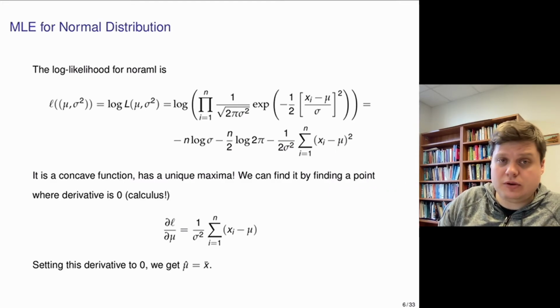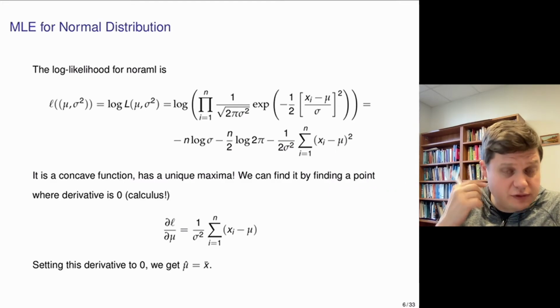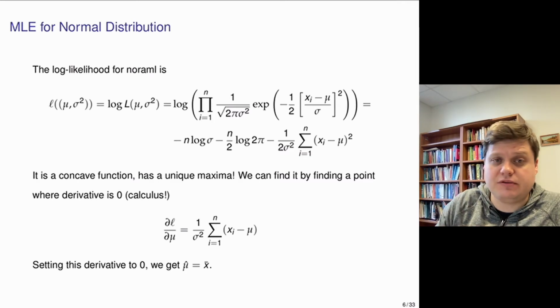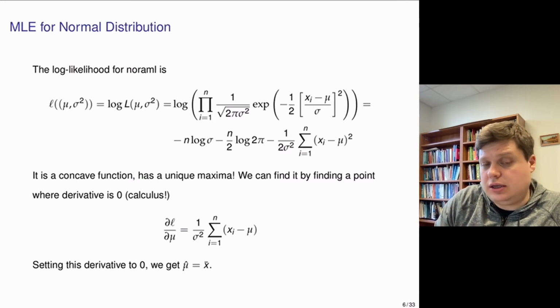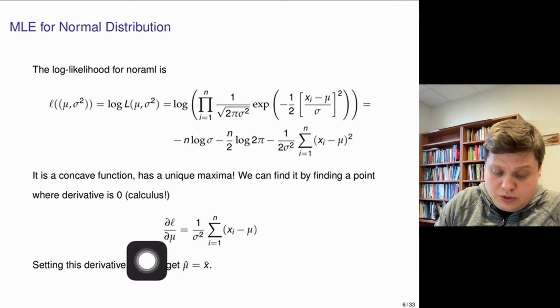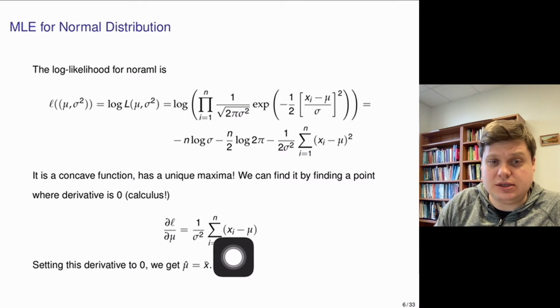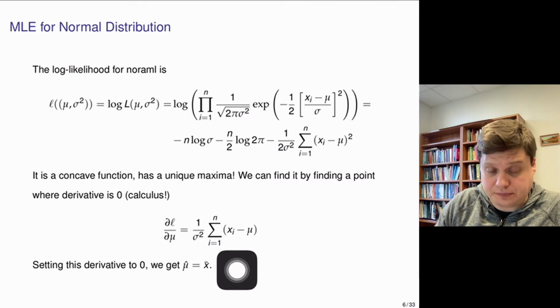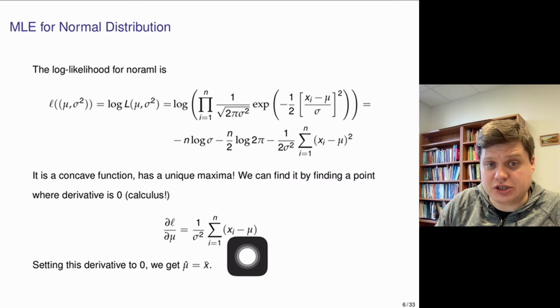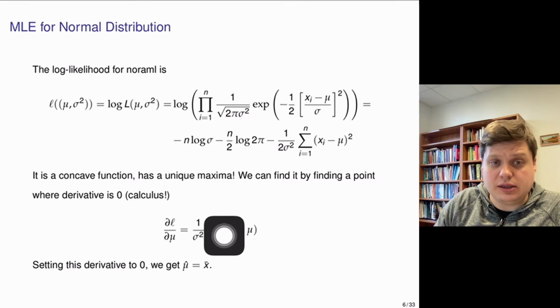And if you remember your high school calculus, if you try to find the maximum of a concave function, it's basically a critical point where derivatives are 0. So we just find the derivatives of this function. The first derivative with respect to mu is nothing but the deviations between xi and mu, adjusted by 1 over sigma squared.